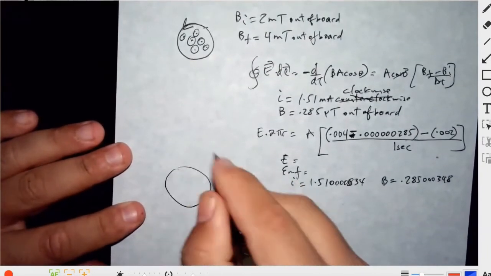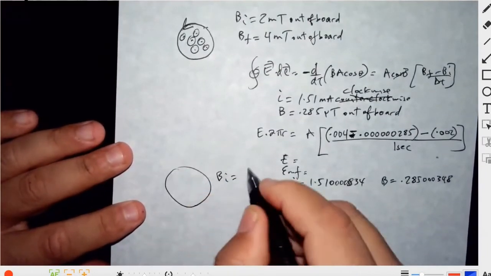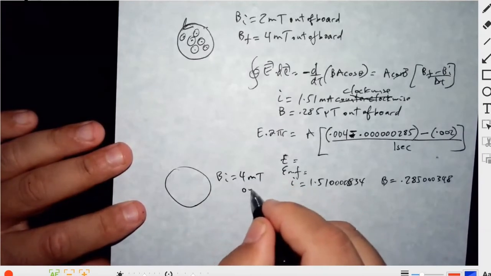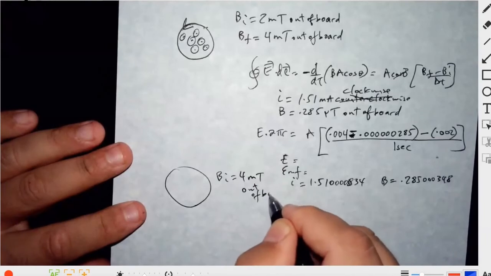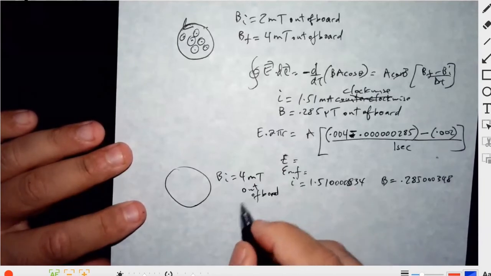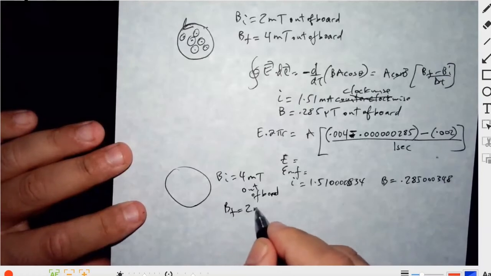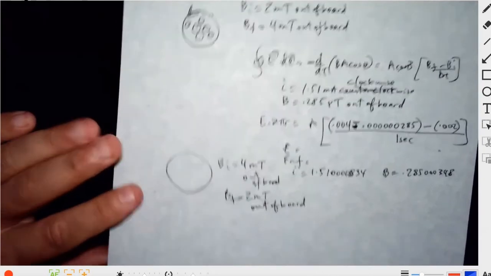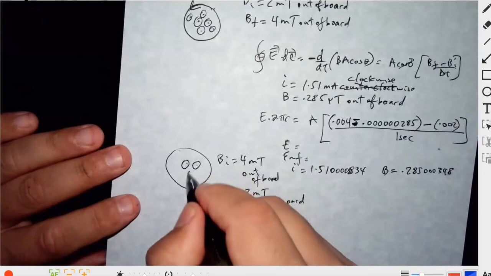So if the B initial is 4 out of the board, and B final is 2 milliteslas out of board. See, both of them are out of board.